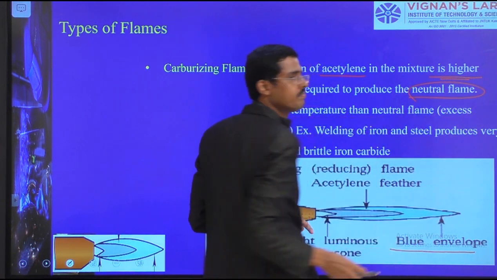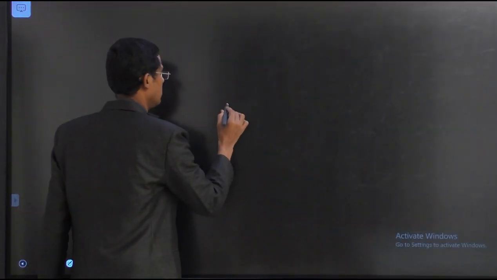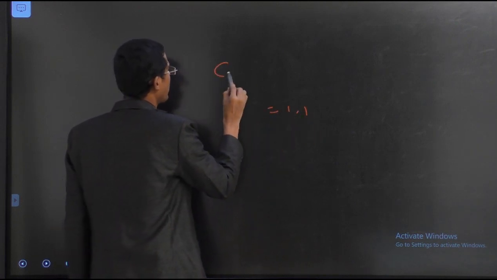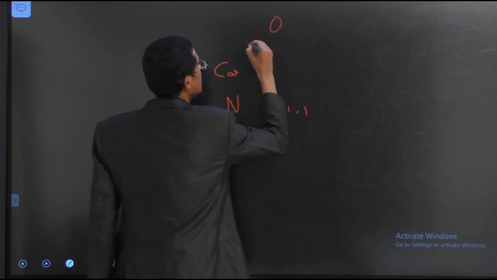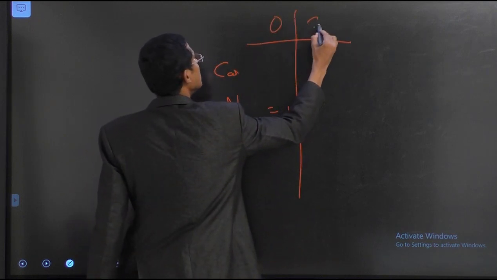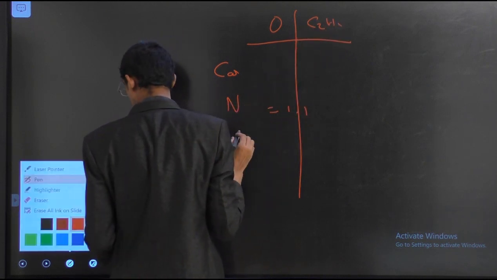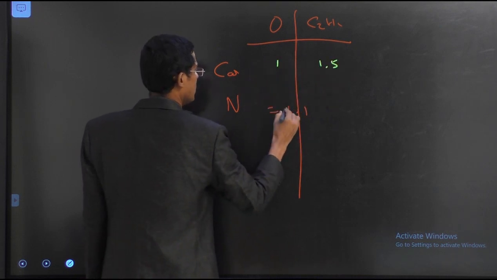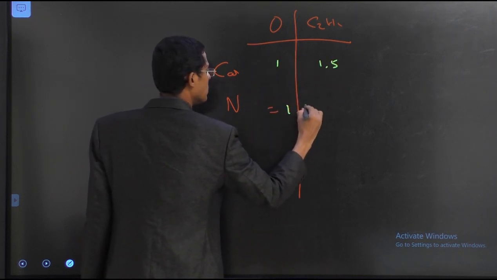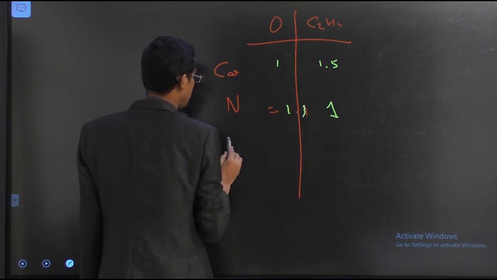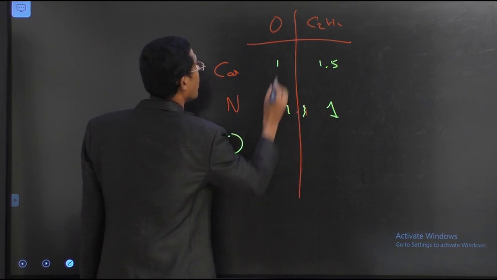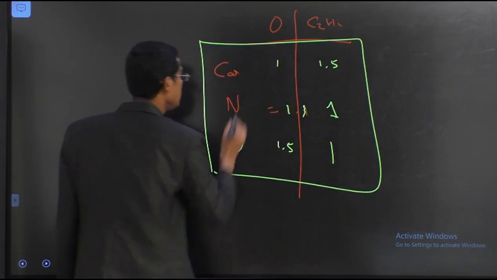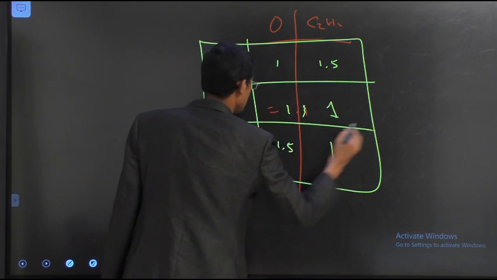We have already done neutral at 1:1. For oxygen and C2H2, carburizing here is 1.5 to 1, neutralizing is 1:1, and for oxidizing we put oxygen additional, 1.5 to 1. In such a way we can make the sketch for carburizing, neutral and oxidizing flames.